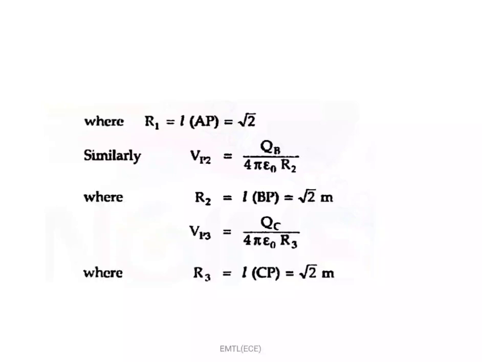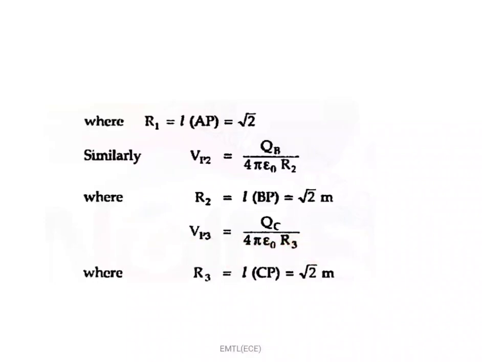Similarly, potential due to charge QB, that is expressed as VP2 is equal to QB by 4 pi epsilon naught R2. R2 length is also equal to root 2 meters. Why? Because it is a square. So the point is at the center of the square. So automatically the distance between the center and the corners of the square is the same.